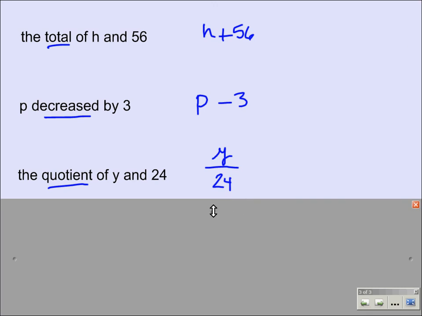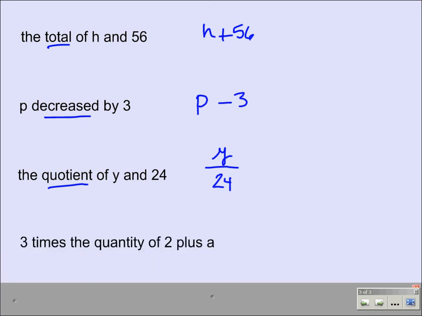In the last one we're going to look at, 3 times the quantity of 2 plus A. We know the words "the quantity of" represent parentheses. So the quantity of 2 plus A is what's inside the parentheses. I'll put that in there, 2 plus A. And I want 3 times that, so the 3 will go outside to represent the multiplication.